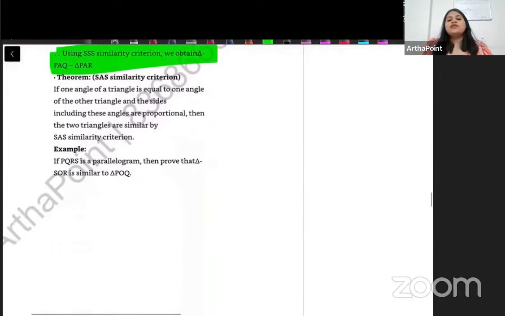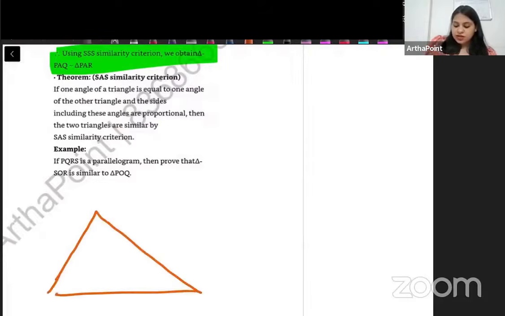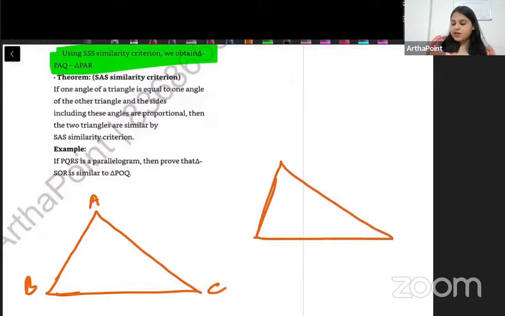Now you also have something which is known as SAS criteria, beta, side, angle, side. So if one angle of a triangle is equal to one angle of another triangle, right? And sides between these angles are proportionate, then the triangles are similar. So beta dekh lo. This is angle ABC. This is angle DEF.